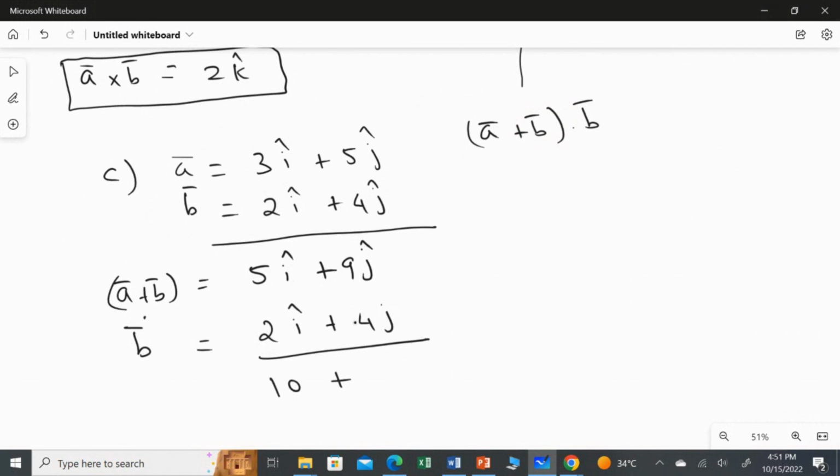What's the value of 9 multiplied by 4? Which gives you 36. j square is also 1. So what's the total? 36 plus 10, 46. So what's the answer for this? The answer for (A vector plus B vector) dot B vector is 46.